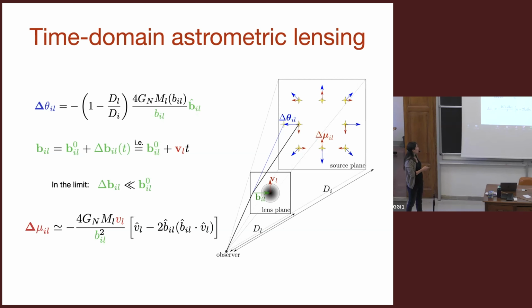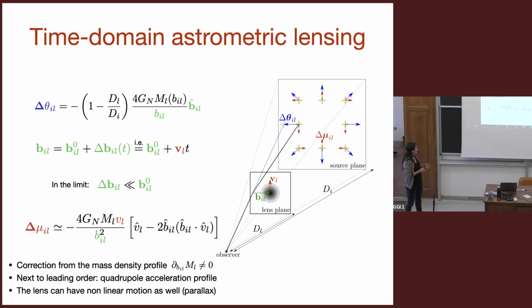And in most of the talk, I'm just going to be in this regime. And in this case, we can just expand around small delta B over B. And the leading order effect that we get is at leading order in v_L times t. So it's an induced angular velocity, delta mu, which is the time derivative of a monopole profile. And so it's going to be a dipole profile.